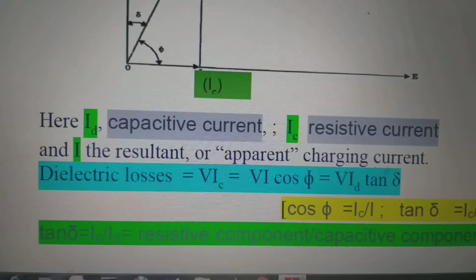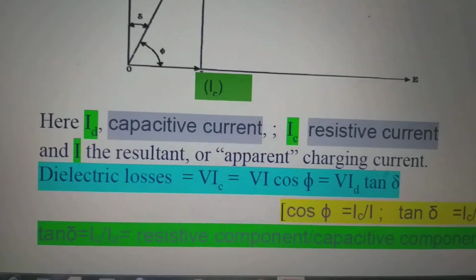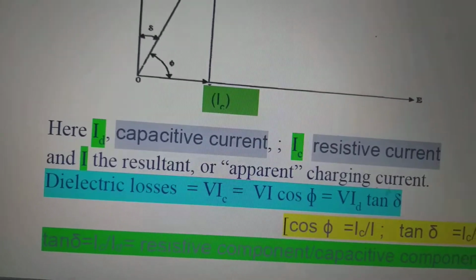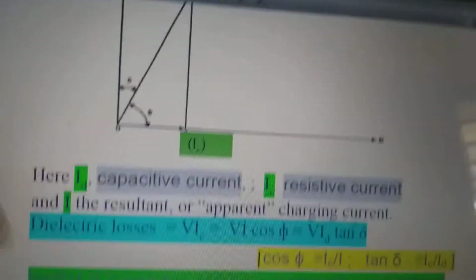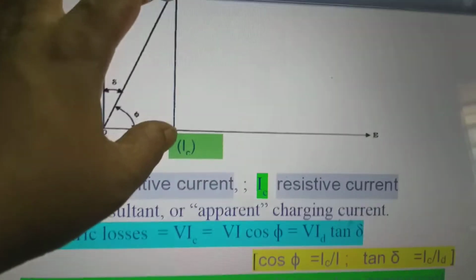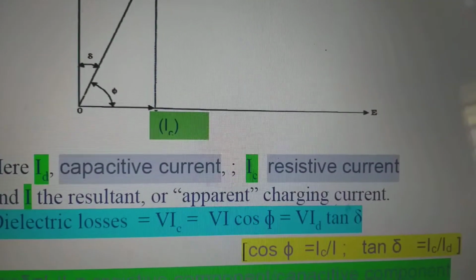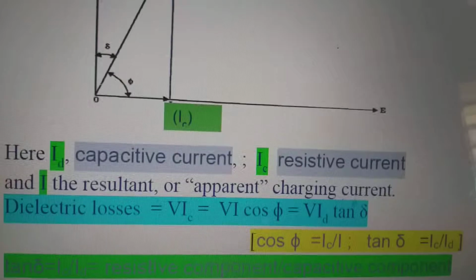The dielectric loss equals V into IC. IC is the resistive current, IC equals I cos phi, and this is I sin phi. So V IC is equal to V I cos phi or V ID tan delta.